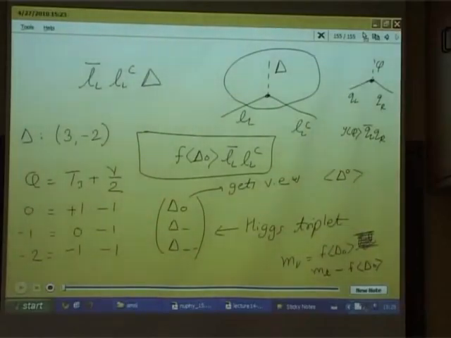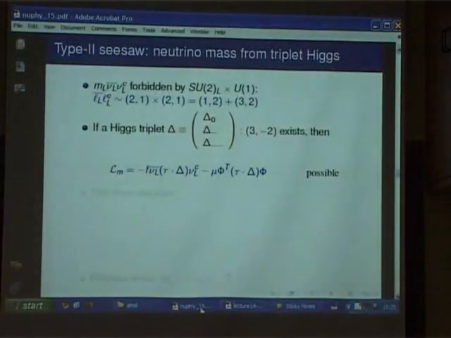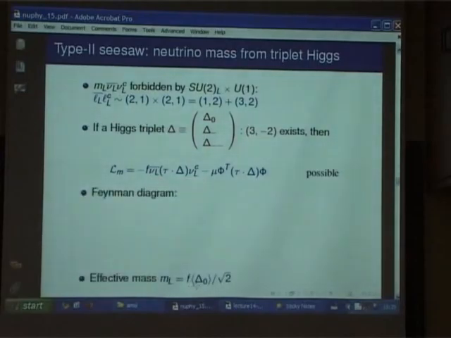But this mechanism will give mass to the neutrino. So I had told you about this term, right? So this term is possible, and this will be a mass which is equal to f times wave of delta 0. And root 2 depends on what definition of delta 0.